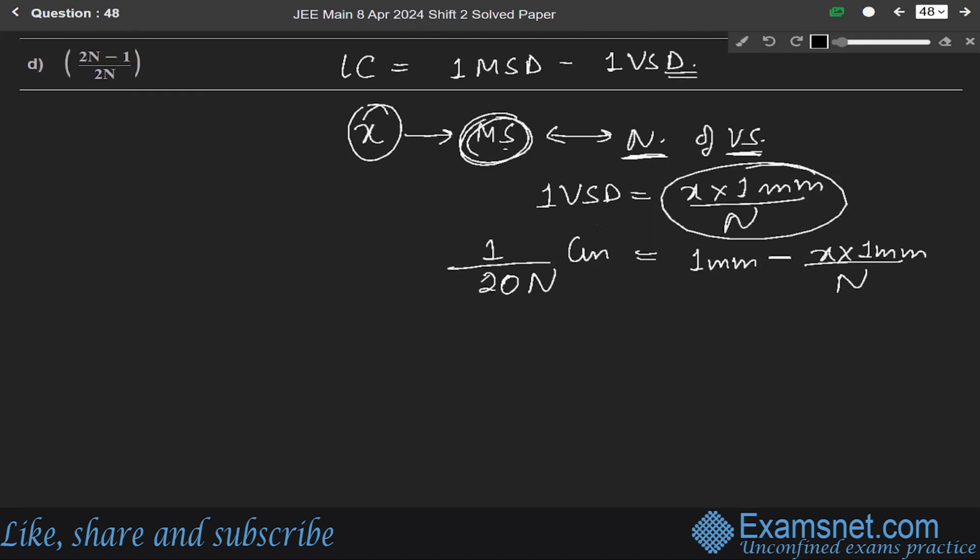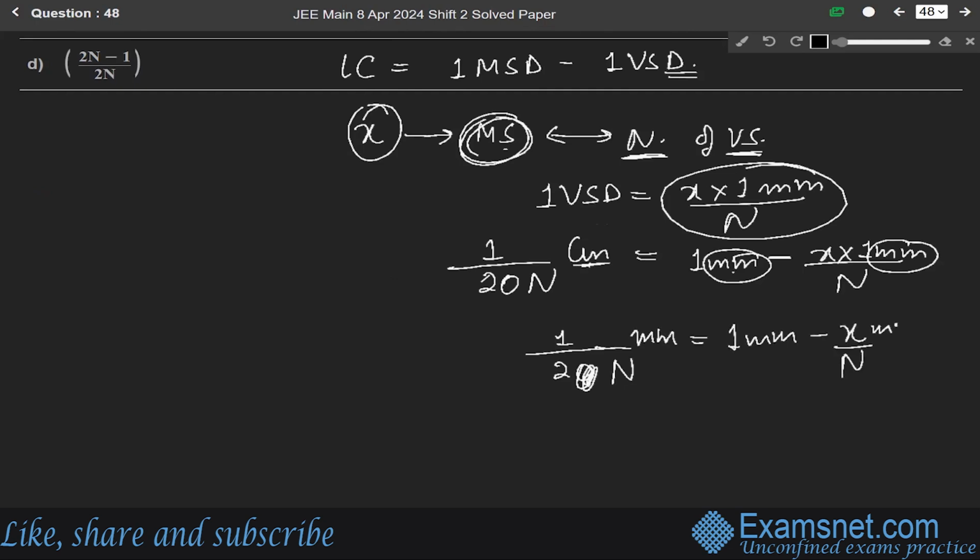So from here, we can write it as 1 over 20. If we write in terms of millimeter, this will be 2. So 1 over 2n mm will be equal to 1 mm minus x over n mm. So from here, x will be equal to 1 minus 1 over 2n.